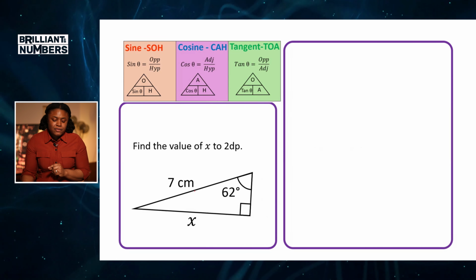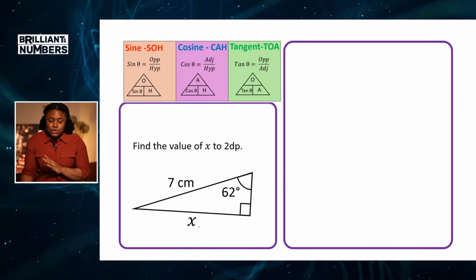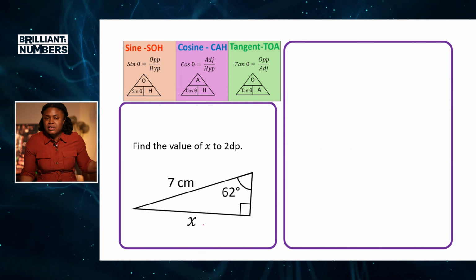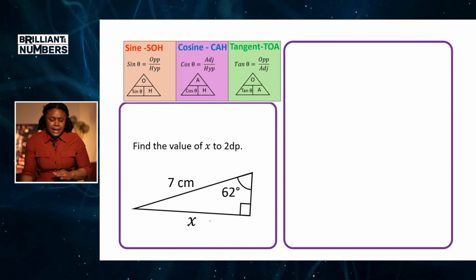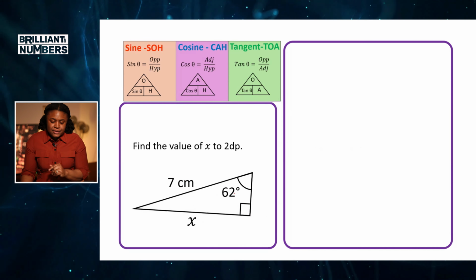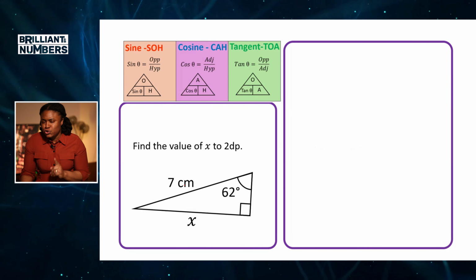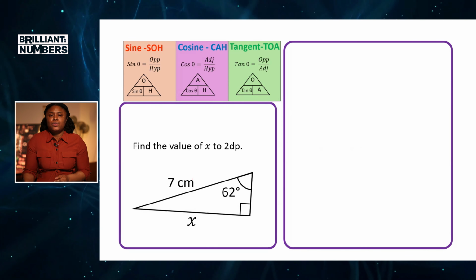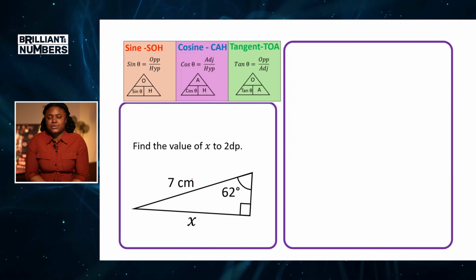We're either doing Pythagoras, but I did say at the beginning we will not focus on Pythagoras here, but I'm still keen on focusing on your logical thoughts as you approach a question. I can see here I do not have 2 sides that I know, so clearly Pythagoras would have been ruled out. Now, I have an angle and I have a side that I know. Straight away, I know I'm going to be doing SOHCAHTOA.